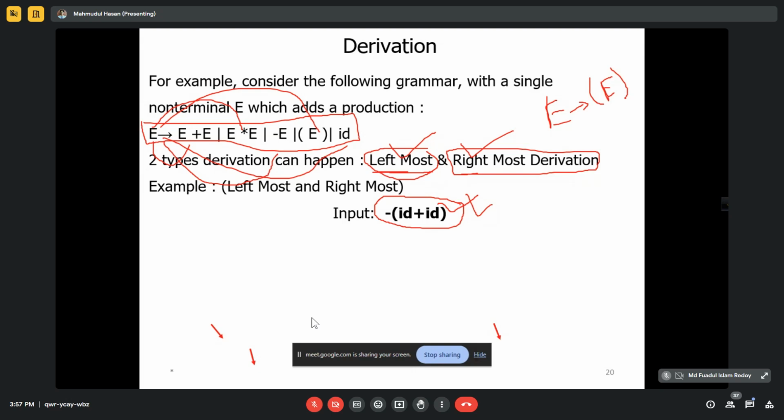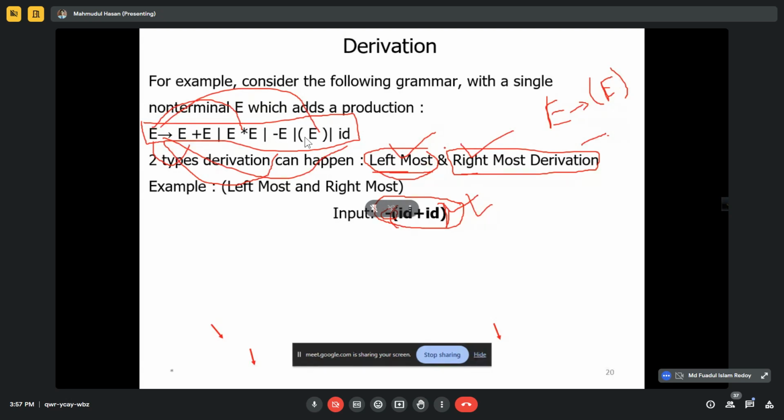So choosing the correct production rule is very important, and this quality will grow if you practice more and more. So suppose maybe someone said E to first bracket E. That means you get this first bracket. Then how do you get the minus?